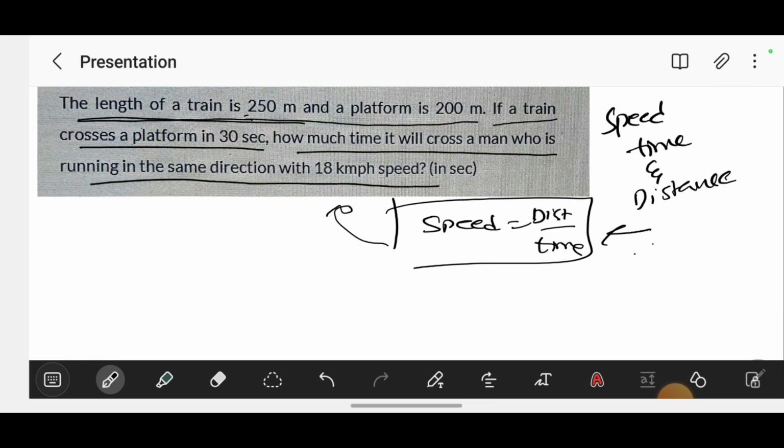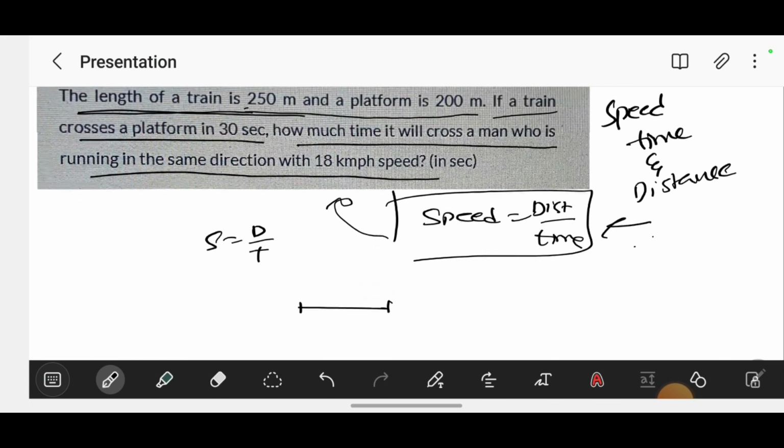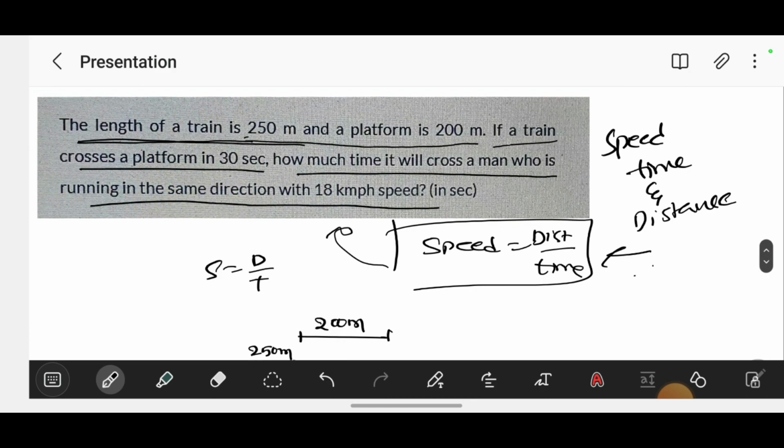The length of a train is 250 meters. He's saying S equals D by T. There is a platform of 200 meters, and there is a train here of 250 meters. He is saying the train crosses that platform in 30 seconds.